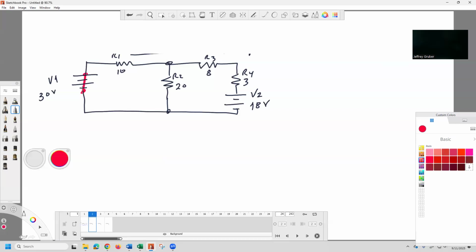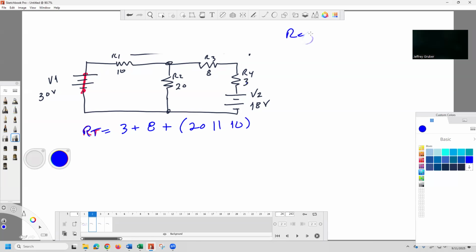So now we replace the other power supply. And now RT is 3 plus 8 plus 20 in parallel with 10. REQ.